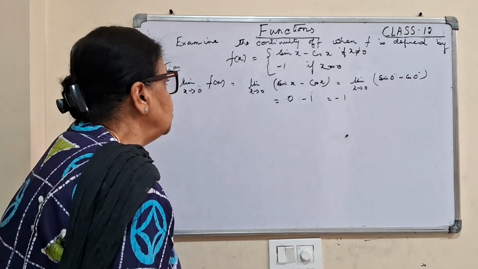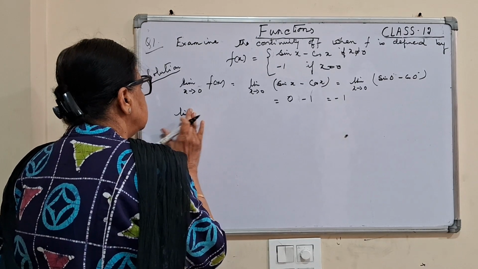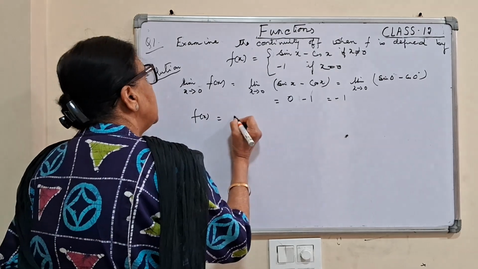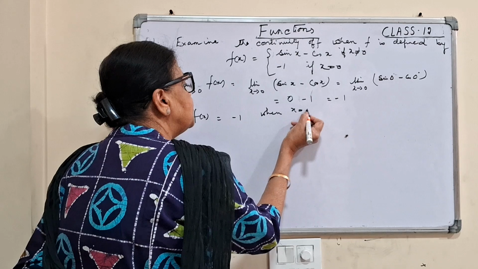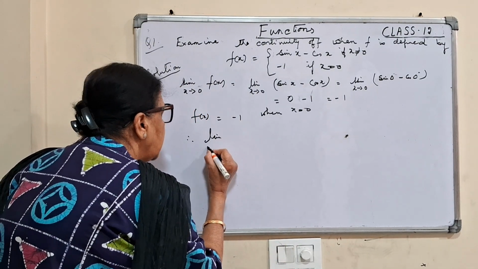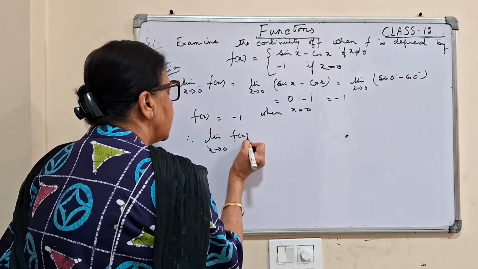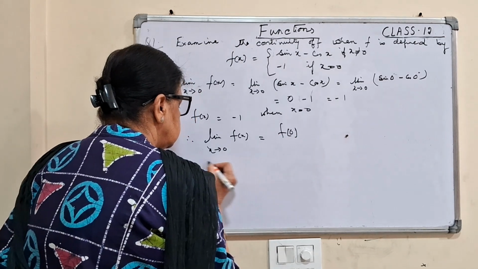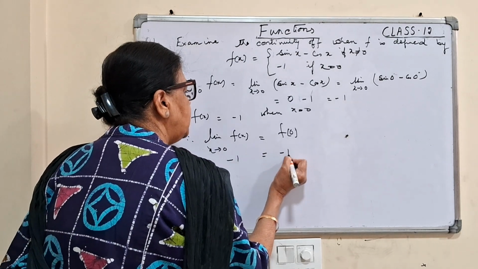And the limiting value, therefore the function value or limiting value, the functional value is equal to minus 1 when x is equal to 0. Therefore, the limit as x tends to 0 of f(x) is equal to f(0), which implies minus 1 is equal to minus 1.